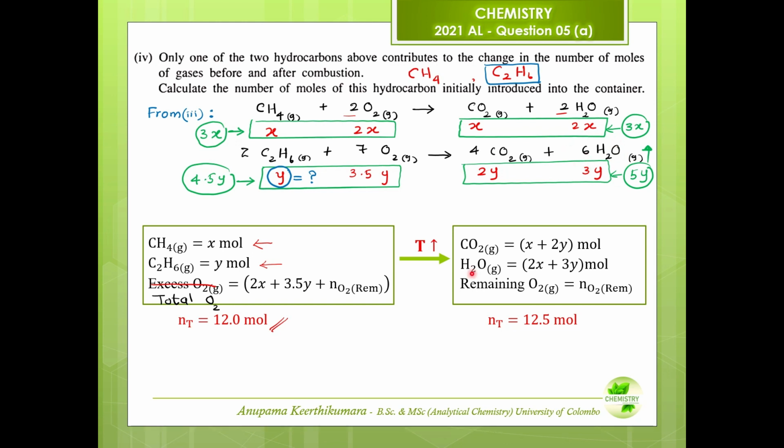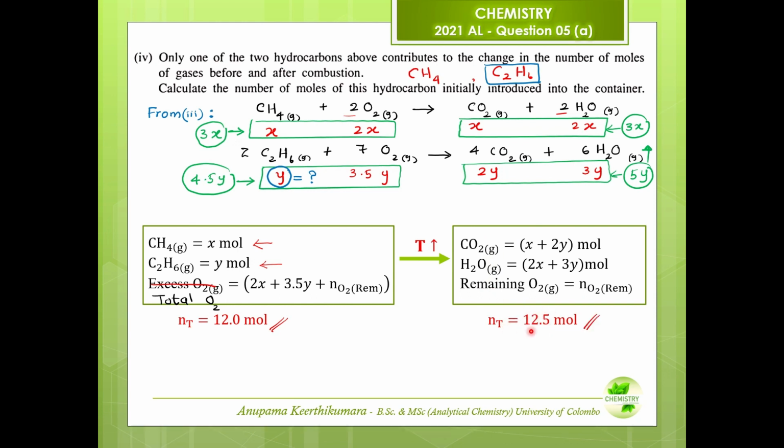Therefore, the total number of moles of H2O gas is 2X plus 3Y moles. And then the remaining oxygen, that is NO2. We know the total number of moles of these three gases is 12.5 moles.